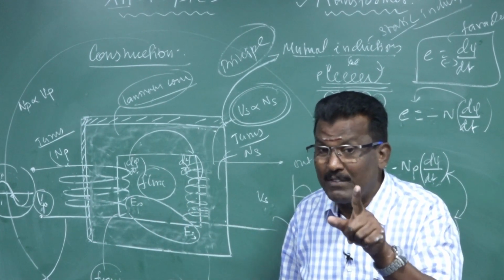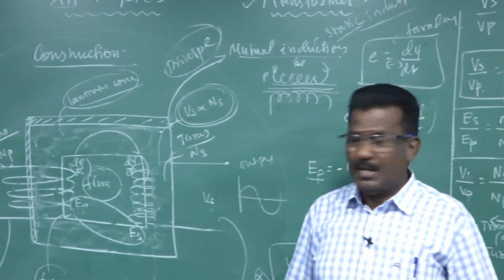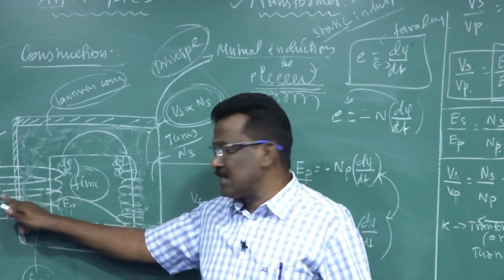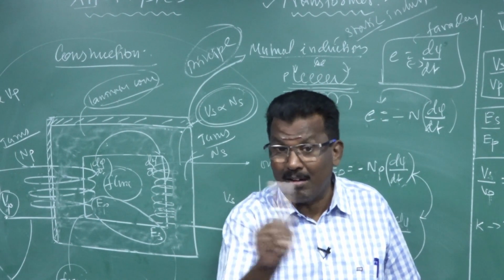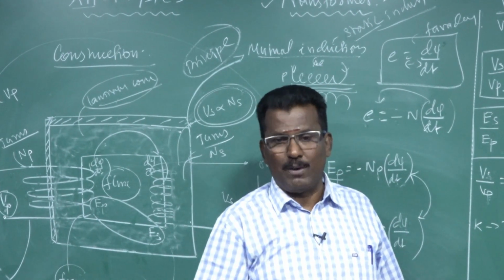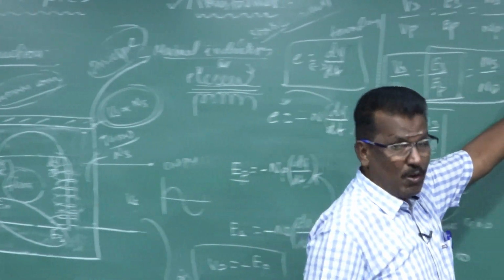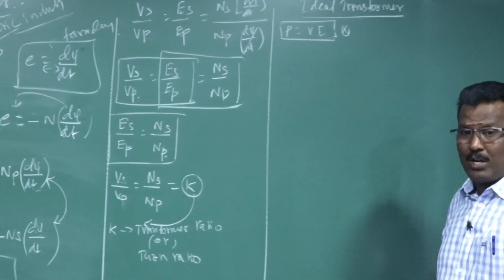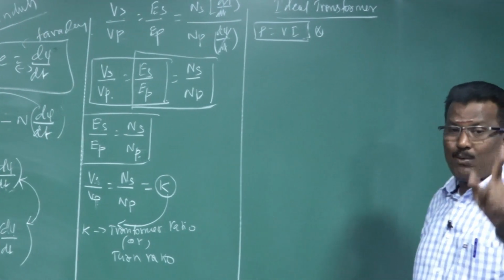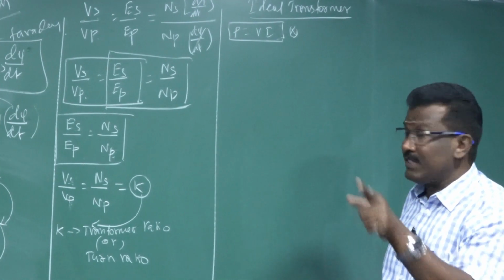So input power is equal to output power. The power across the primary is equal to the power across the secondary. This holds not for every transformer, only for an ideal transformer. A transformer converts high voltage with low current into low voltage with high current.